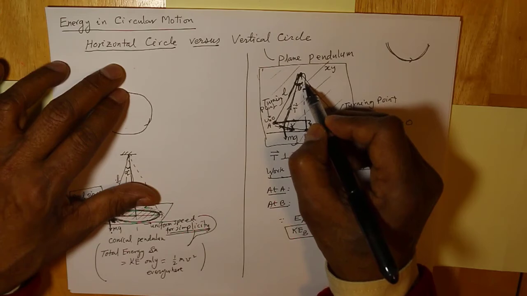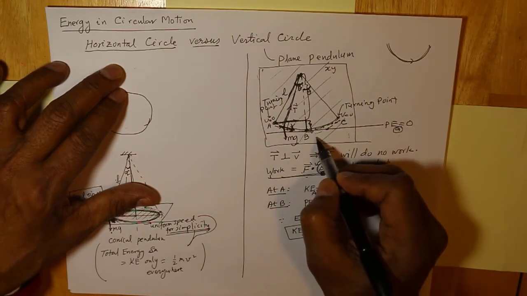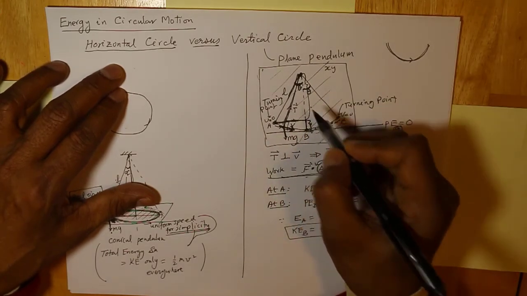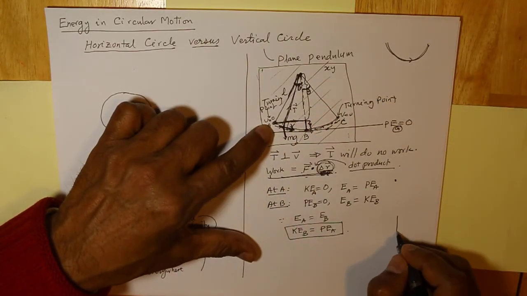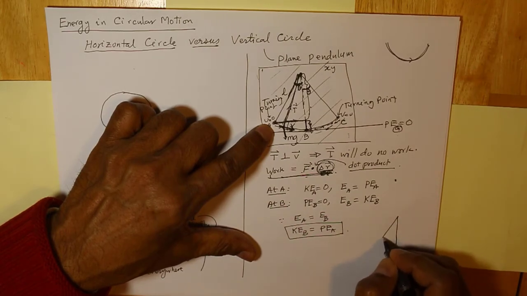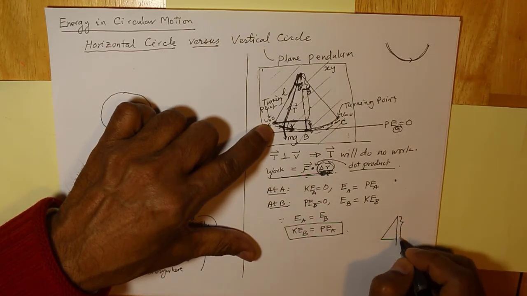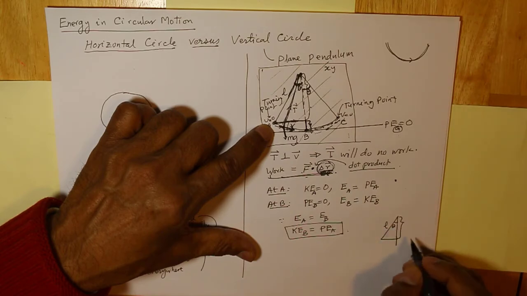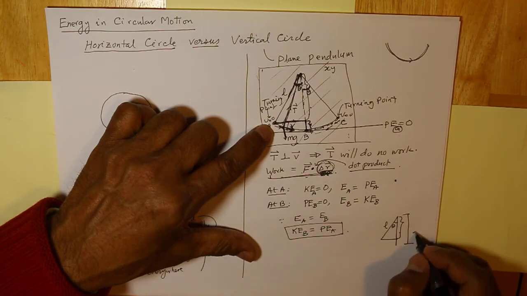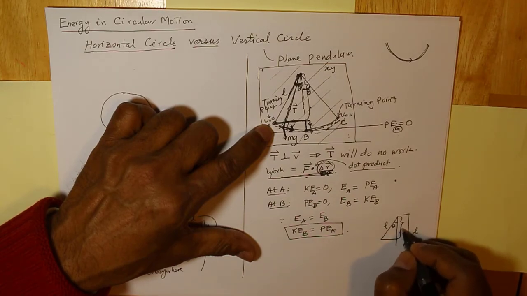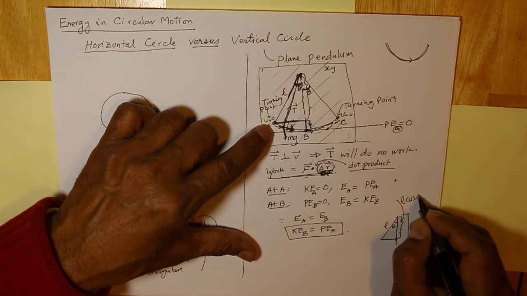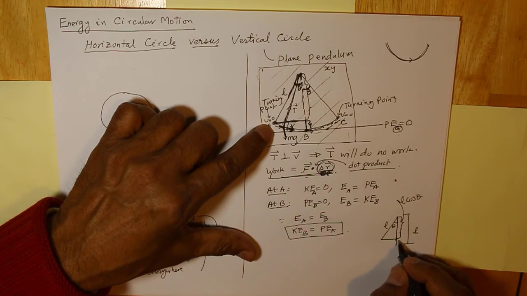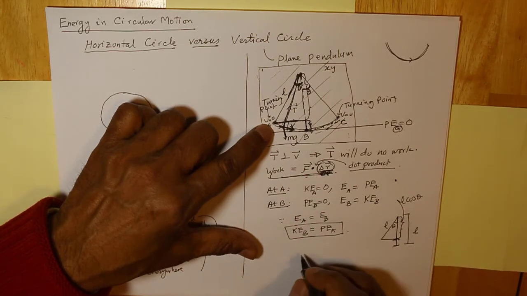If I can figure that part out, then I can subtract it from the whole thing. The whole thing is L, and this little part is adjacent, so it is L cosine theta. So L minus L cosine theta is the height we want.